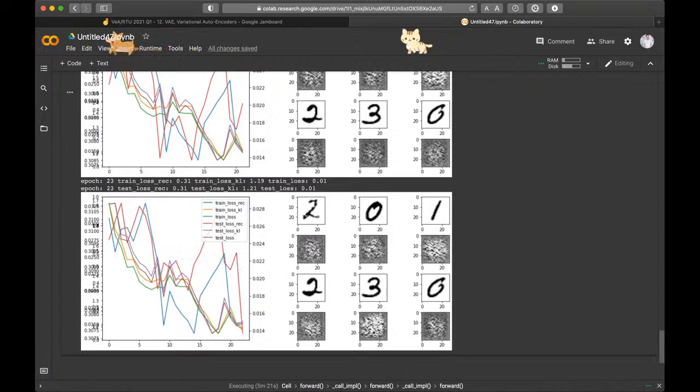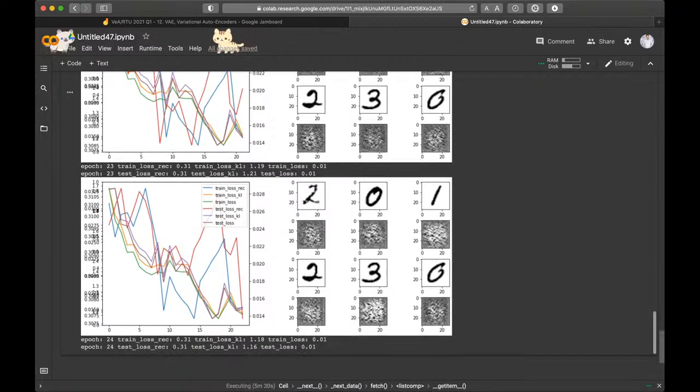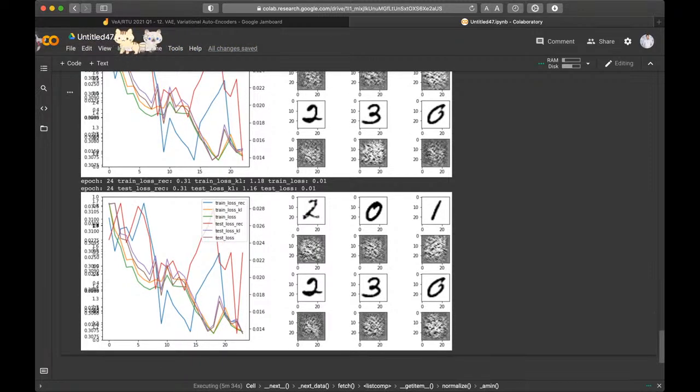I think the KL has not reached its bottom. When the KL reaches the bottom, the output should be more uniform. Right now the output is too different for those samples, in my opinion.